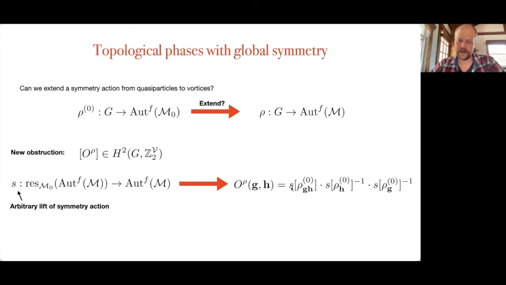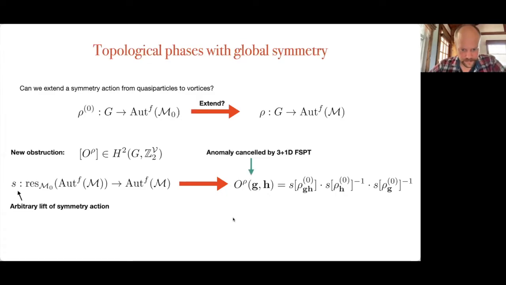So that's what I've shown over here. S is the lift from Aut^f of M0 to Aut^f of M. And generically, what you'll find is some 2-cocycle. So this is a function of two group elements, the group elements that we ask to compose like the group wants. And yeah, so generically that will be a 2-cocycle. And the case where it is a 2-coboundary is exactly the case where there exists a lift such that the lifted symmetry action composes like a group.